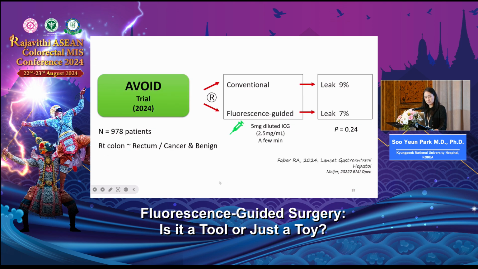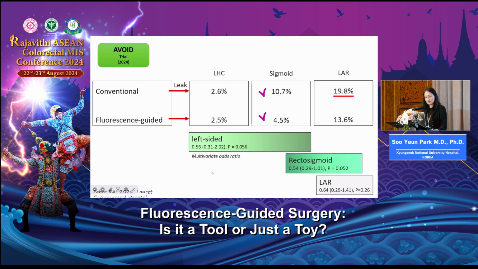This year, the AVOID trial showed its results, and they evaluated about 10,000 patients, and they used ICG fluorescence imaging for colon as well as rectal cancer surgery. In the overall patients, there was no difference in leak rate, and they used 5 milligrams of ICG, and then they divided the patients into subgroups: left hemicolectomy, sigmoid, and low anterior resection.